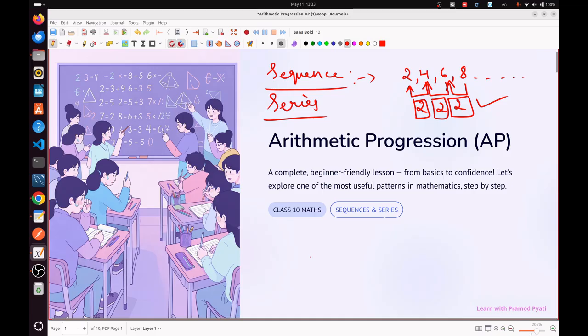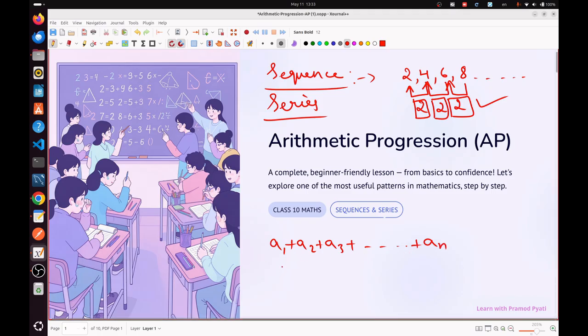Now what is a series? A series is nothing but the sum of terms in a sequence. Suppose you have a1 plus a2 plus a3 and so on up to the nth term. This is a series.